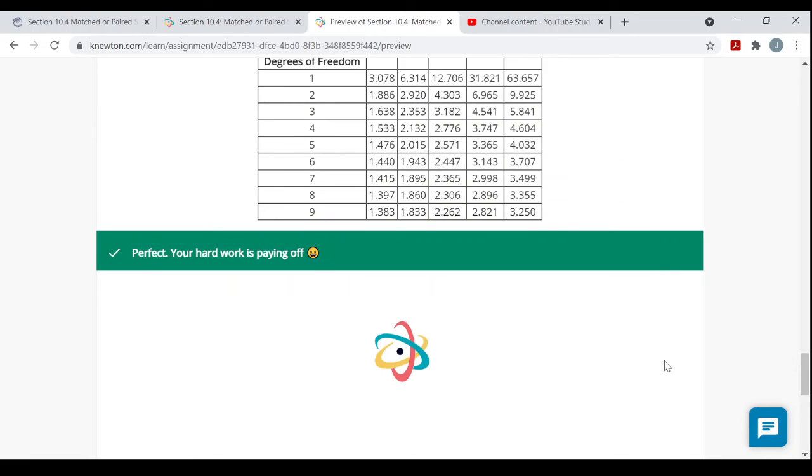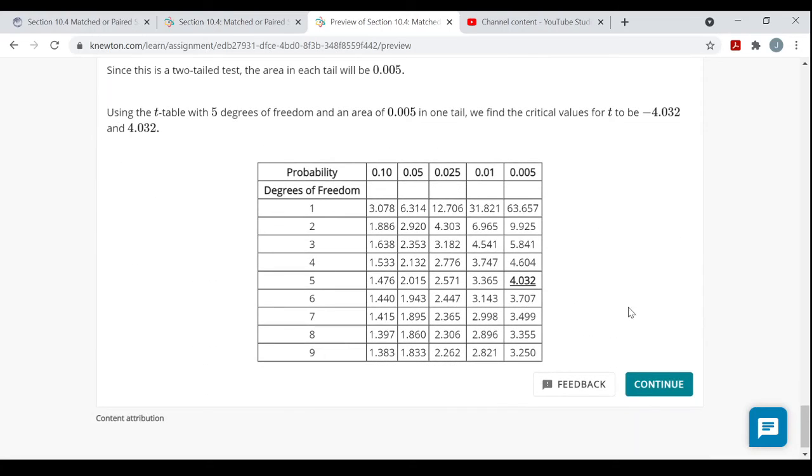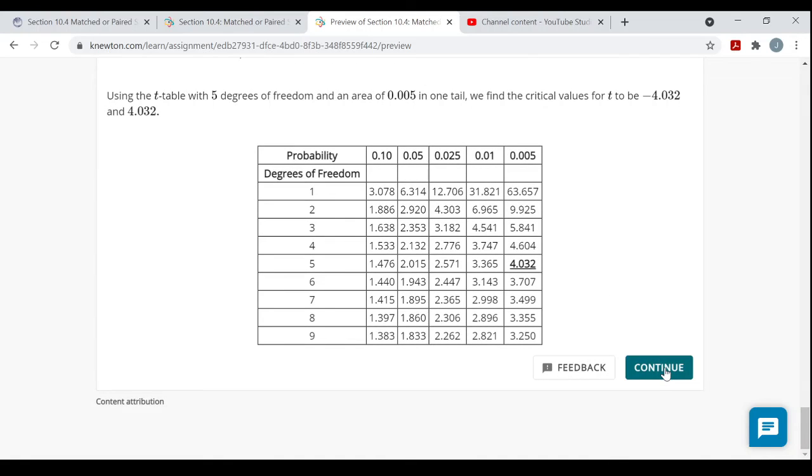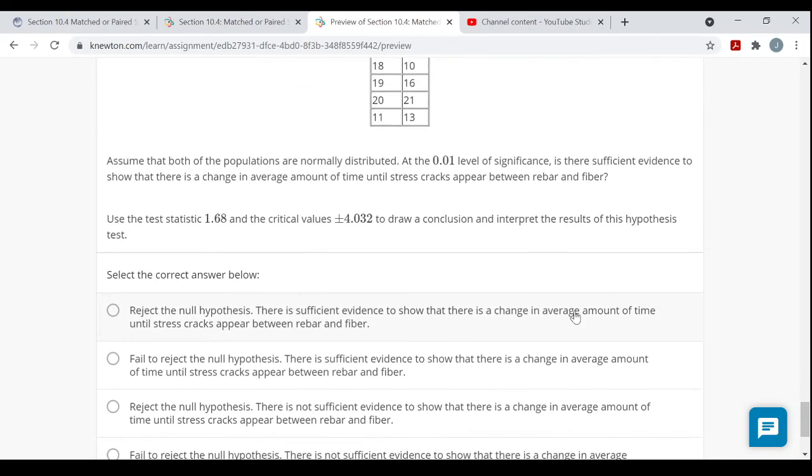Wonderful. And again, they read through the answer explanations, looking at the same stuff I just showed you. Then finally, we're going to go through the step of: do I reject the null hypothesis or not? And then what kind of conclusion can I make?